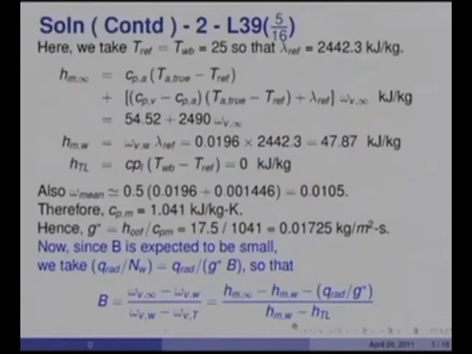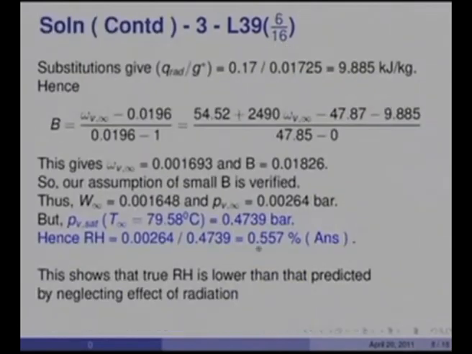So, the effect of radiation actually suggests that the moist air is in fact drier than what ignoring radiation would predict. So, the true RH is lower than that predicted by neglecting effect of radiation. Now, these kinds of calculations are very, very important, because often when the so called dry air is supplied, it is never really completely dry.